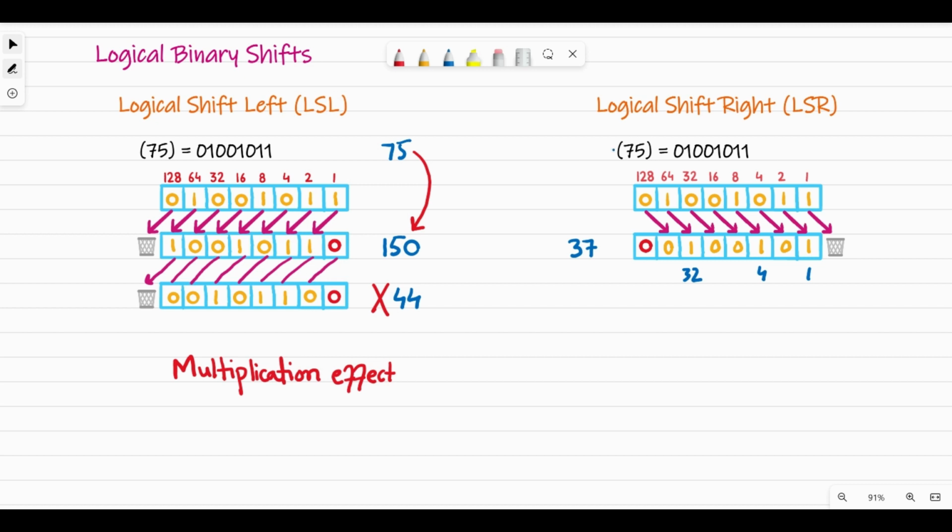So the effect of the right shift on the original number 75 is that it has been halved. So we'll put a multiplication sign here, and we'll do a division sign here.